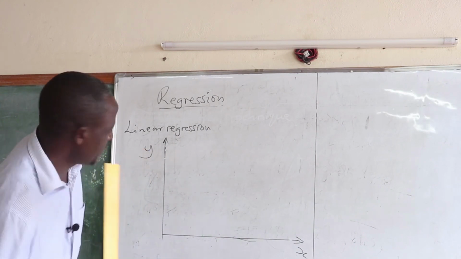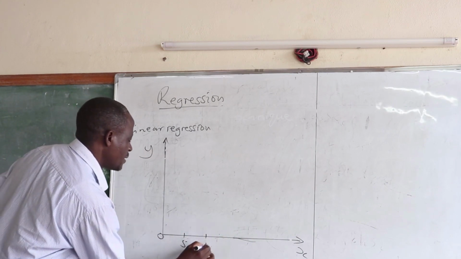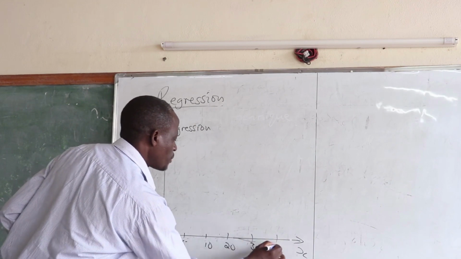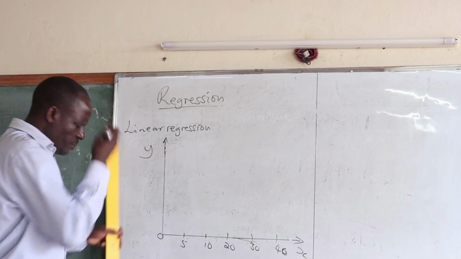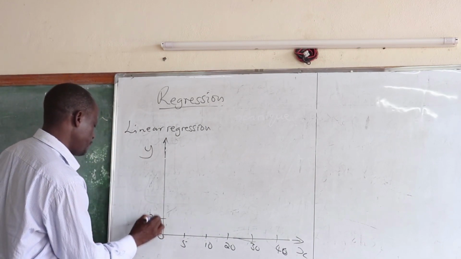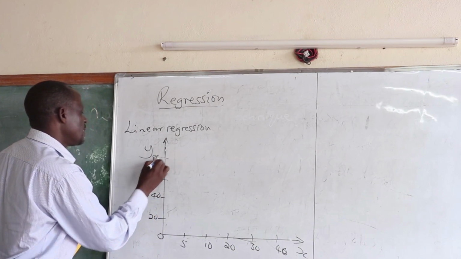So let's assume that up to 40 these are values of x, and then the values of y could go, let's say, 20, 40, 60, then 80.